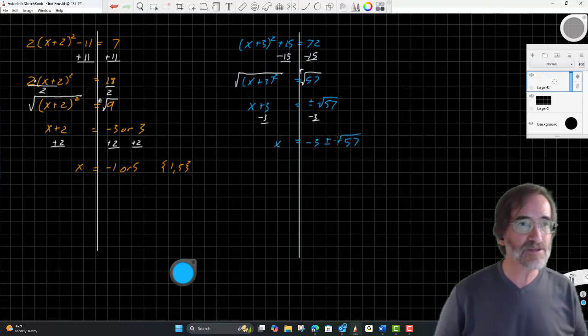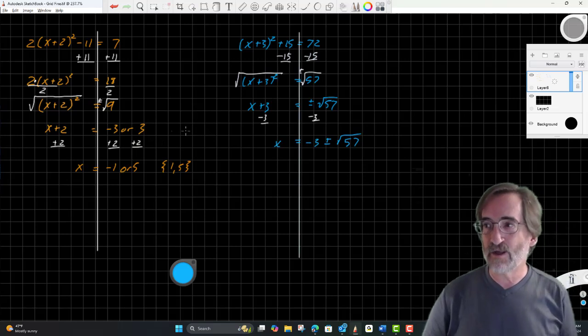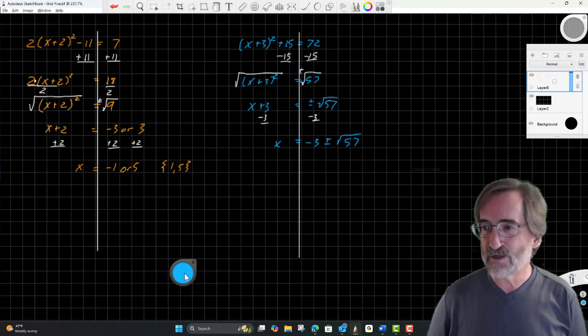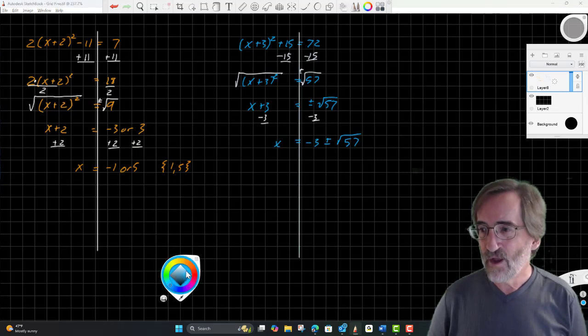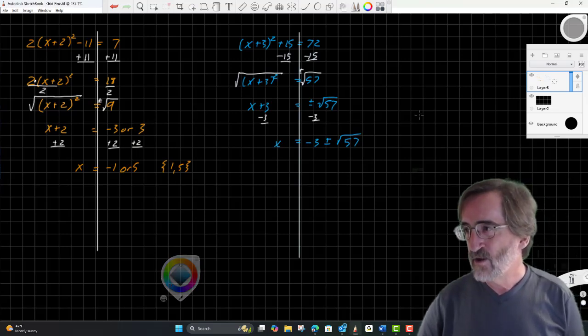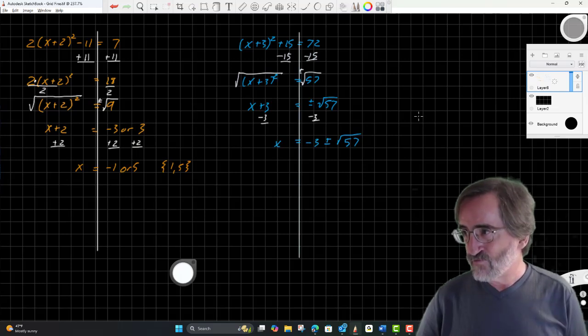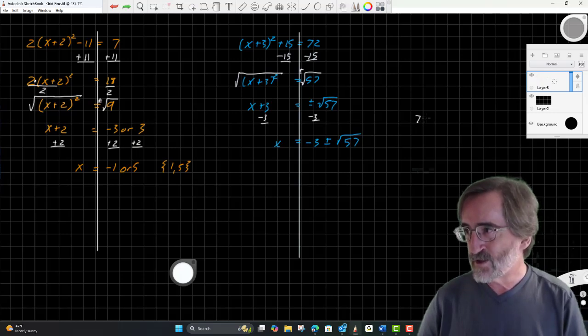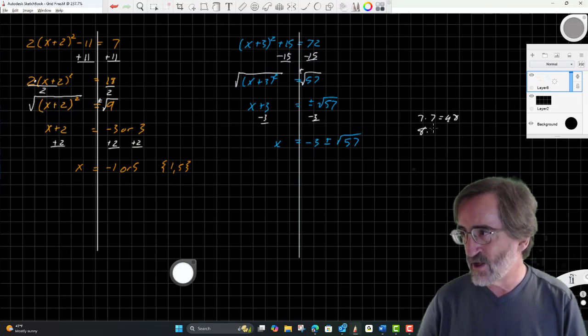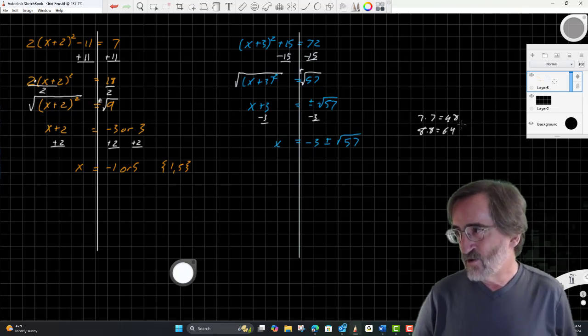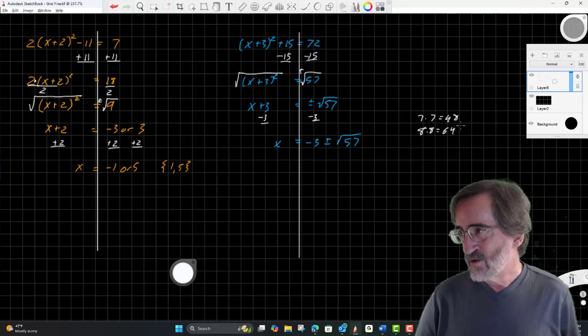Now if you're asked to estimate or round the answer, or give an approximate answer, then what you do is you estimate the square root of 57. You can do that in your head this way. 7 times 7 is 49. 8 times 8 is 64. 57 lies 7 away from 64 and 9 away from 49, so it's closer to the 8 than to the 7.